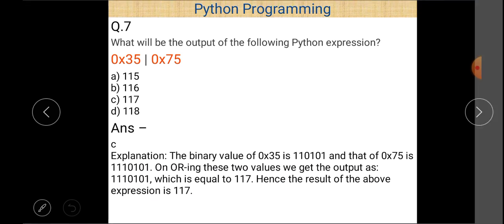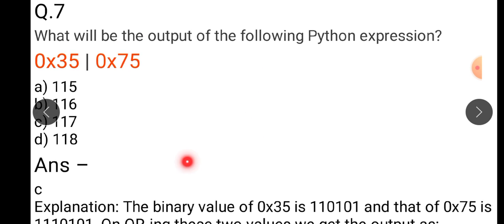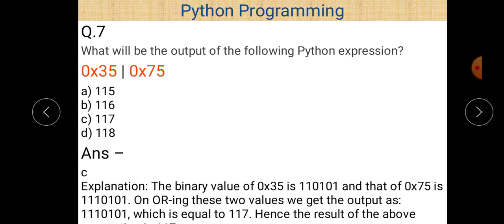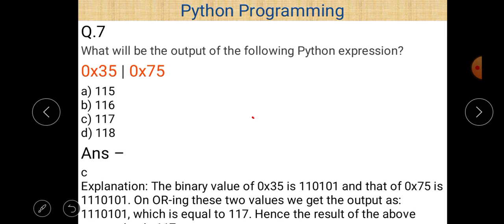Okay, now our question looks like this. The binary representation of 35 is 110101.